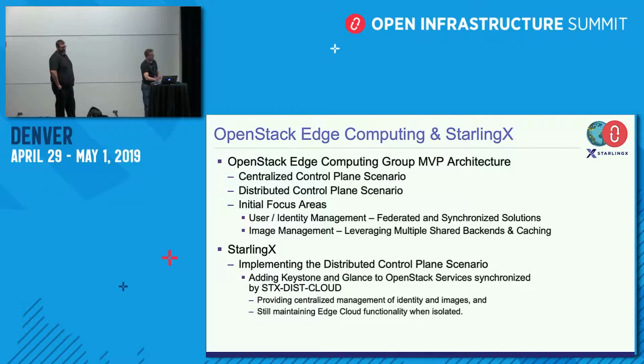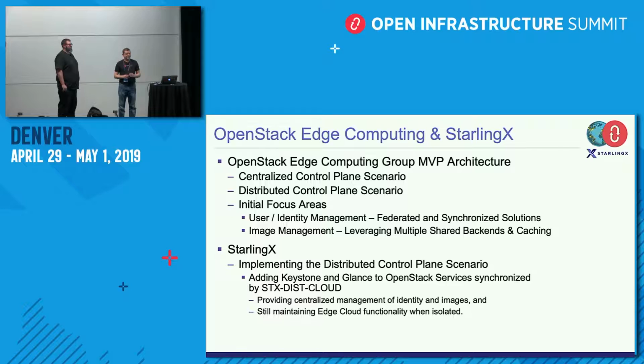The only other thing I had was just a summary of what we covered. James went over the 2 architectures for reference 1 and reference 2, which were, I think, the distributed control plane as the first one and the centralized control plane as the other. We also did some federated Keystone work in the Edge Computing Group around testing that solution, and that was more along the reference 2 centralized solution.